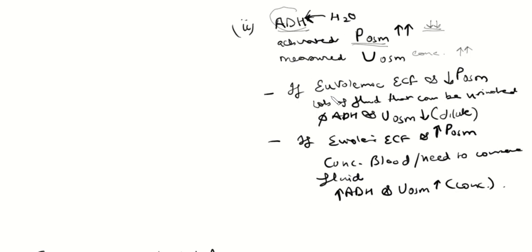Let's do some critical thinking here. These are some basic concepts. Now let's say you're euvolemic with your extracellular fluid, and your plasma osmolarity is down. What does that mean?